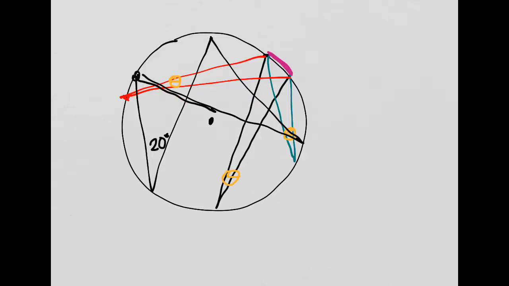If these share the same endpoints, if it's an inscribed angle and it shares the intercepted arc, then this guy over here, which is now starting to get really crowded, sorry, I'm going to shade this whole guy. And this measurement here would also be 20 because they share this intercepted arc. Okay?